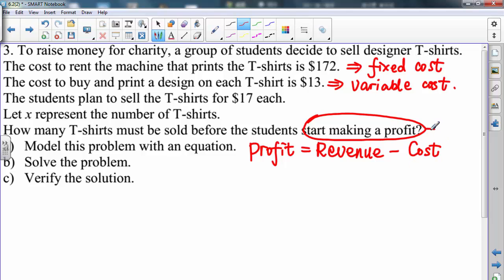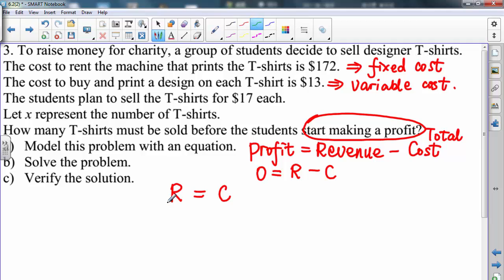And this is the total cost, including both the fixed cost and the variable cost. If the profit is 0, that means the revenue minus the cost is 0, which also means the revenue should be equal to the cost.